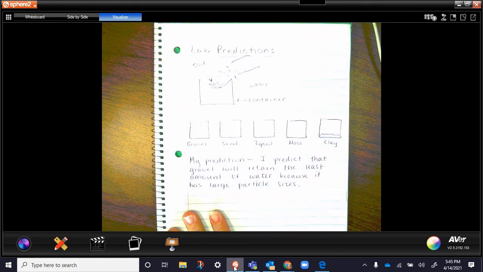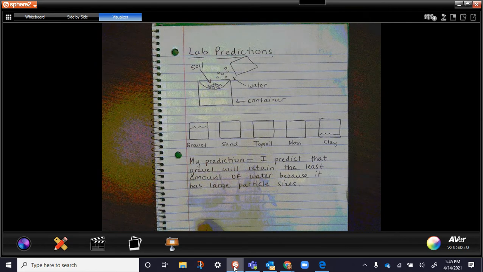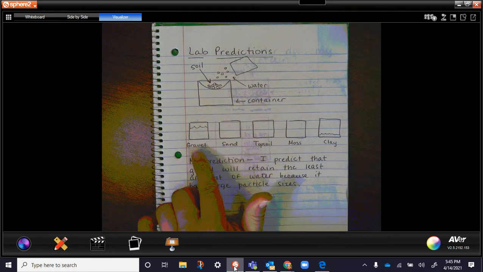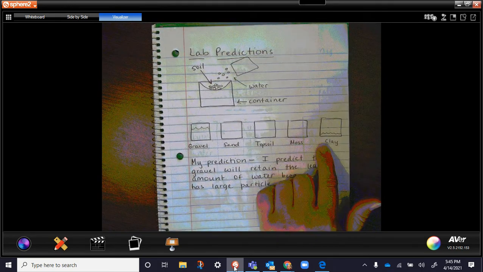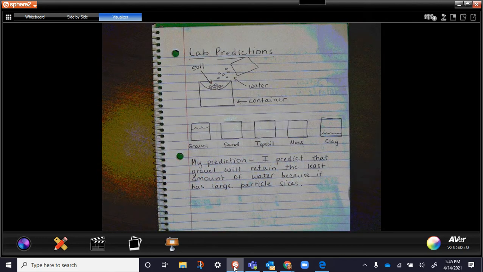Yesterday we made predictions about what the levels are going to be of how much water is retained. We learned that retain means to hold on to something. If you're retaining information, you're holding on to that information. In this case, we're talking about retaining water, so we're holding on to the water.